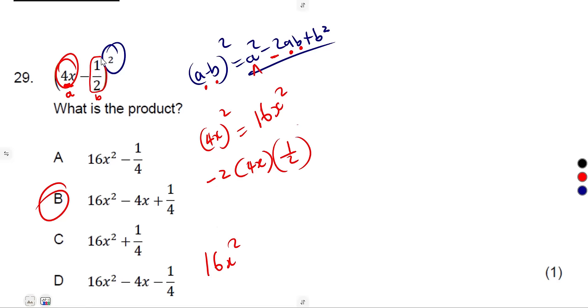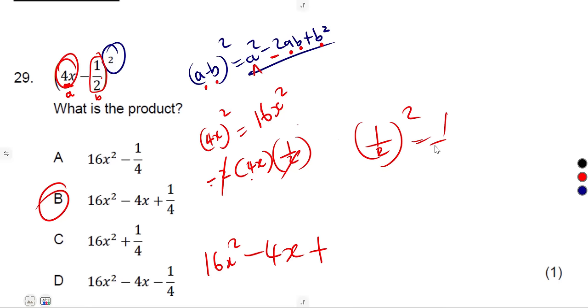That is a and b. This is the b, not the minus. The minus is here for the sign, taking the b as it is. So minus times 4, that's minus 4x, plus b squared, 1 over 2 squared, which is what? 1 over 4.